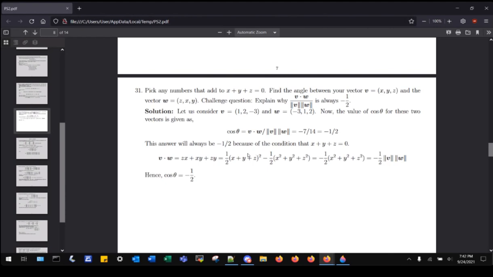This is expanding this sum of squares and subtracting. Oh, I think this will come about as a result of expanding these sum of squares.